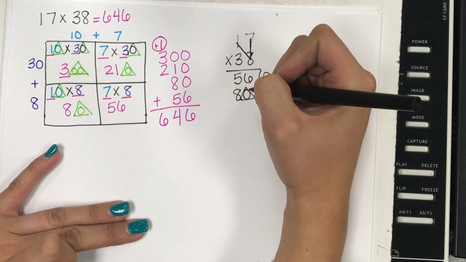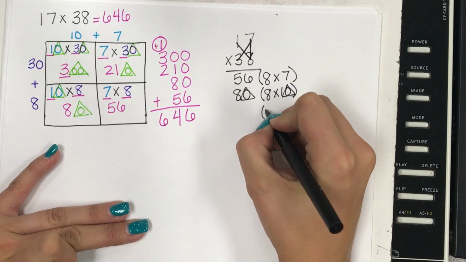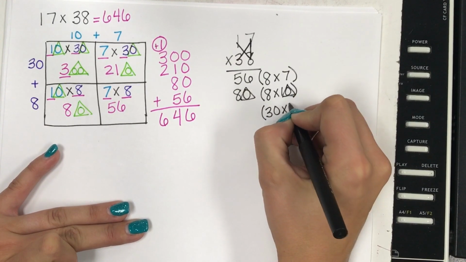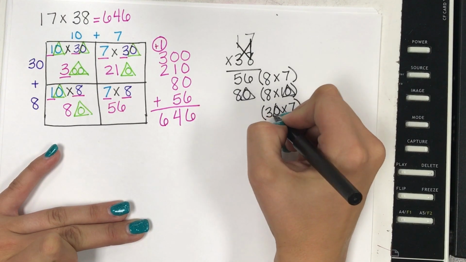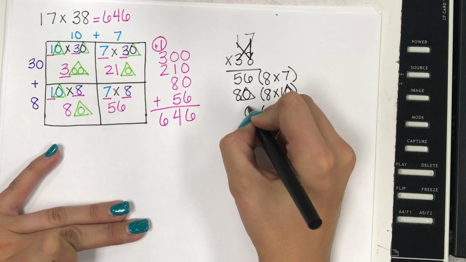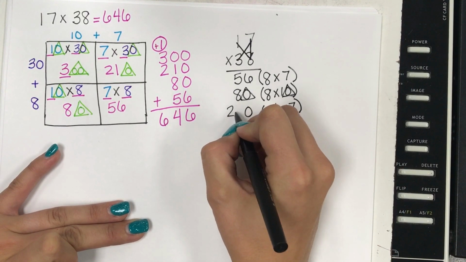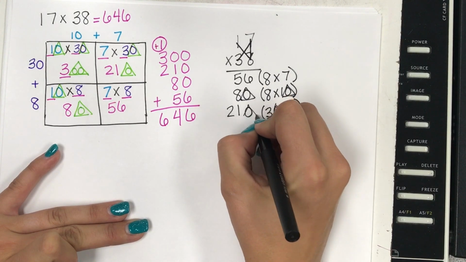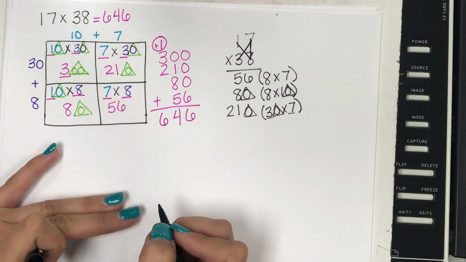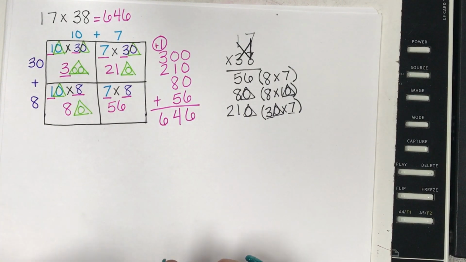But is this really just a 3? No. What is it? It's 30 times what? 7. How many zeros? 1. What's 3 times 7? 21 plus my 1 zero. So 30 times 7 would be what? 210.